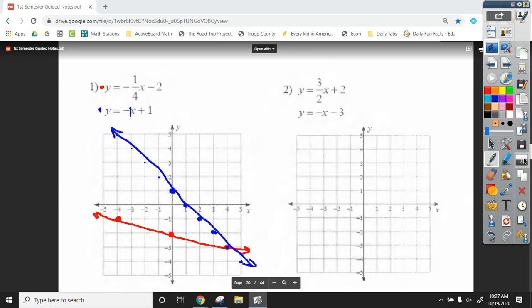Very straight line. Okay, so you can see the point where they intersect or where they cross. Our solution is always written as an ordered pair. So what's our x value? 4. And our y value? So that's your answer.